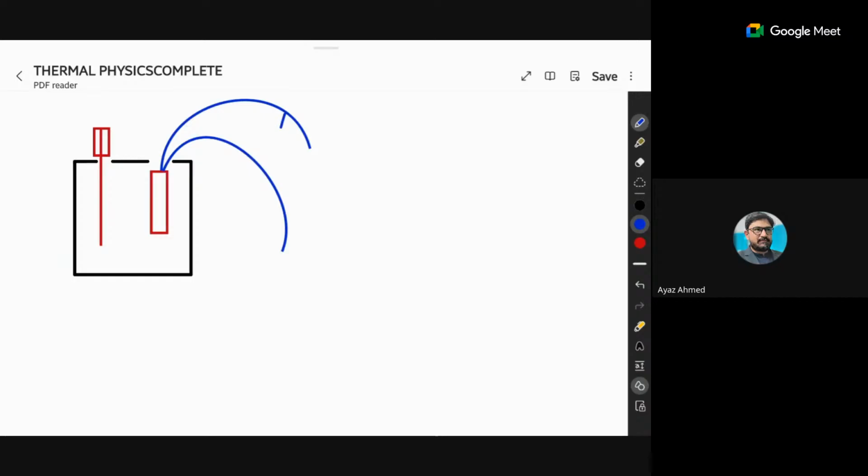There will be a voltmeter connected to this heater, and that voltmeter will read the value of the potential difference across it. I can connect an ammeter, and that ammeter will give me a reading for the current flowing through it. And here is a power supply. That power supply can be variable. Okay, I believe that it is quite easy to understand.